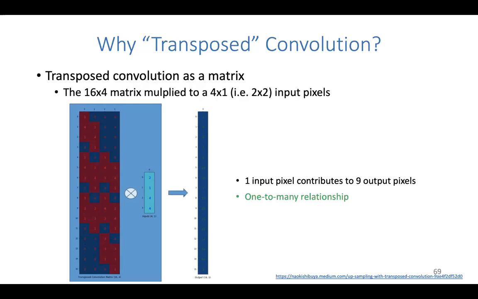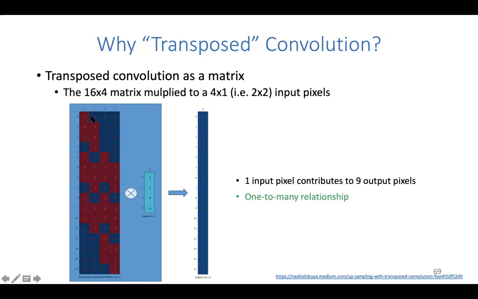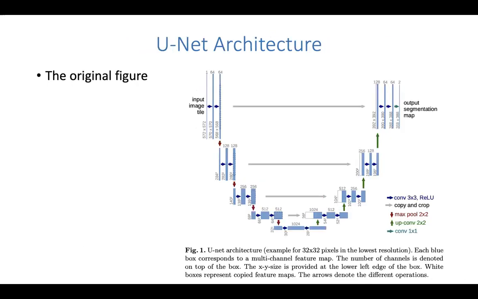So basically you took the 2x2 image, did a matrix multiplication with this, and got a 4x4 image. Goal achieved, right? So you can now understand why it's called transposed convolution. You transpose this convolution matrix so that instead of downsampling, you're now upsampling.